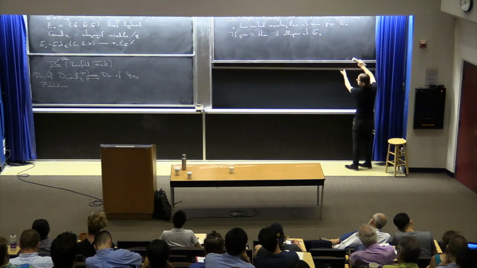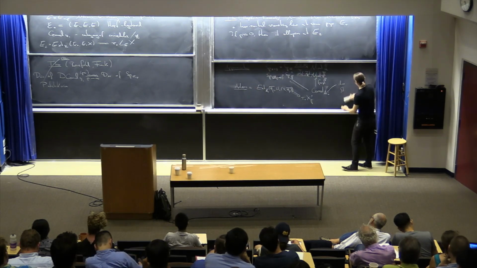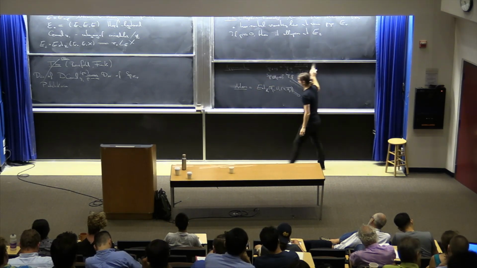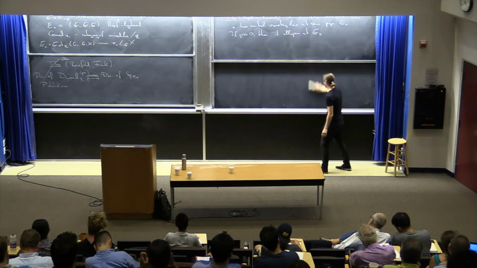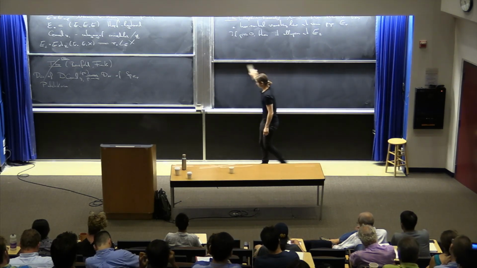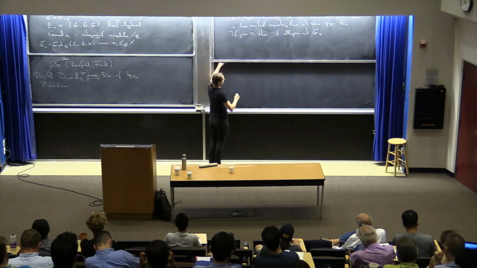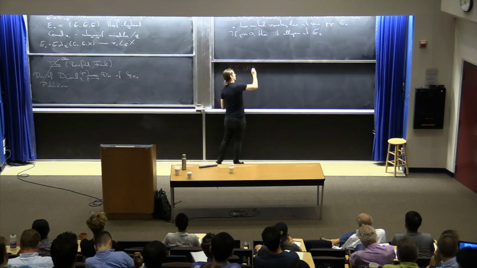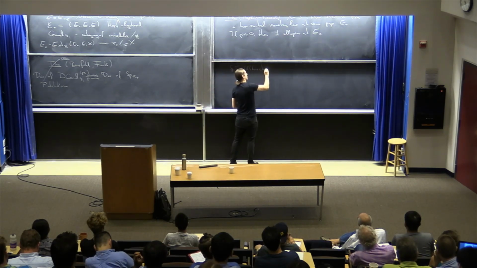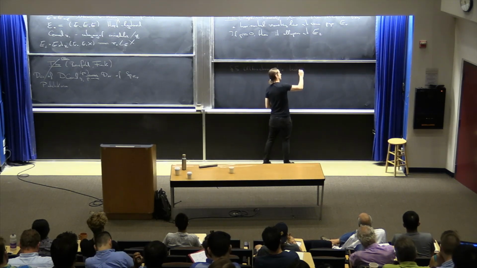Now, with that in mind, I would like to combine all the things that I tried to explain, put them together. And that's what we call ultra-chromatic homotopy theory.